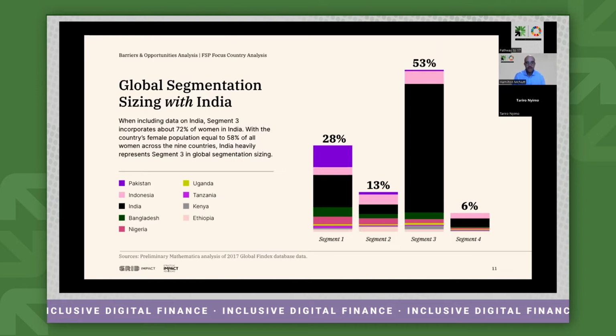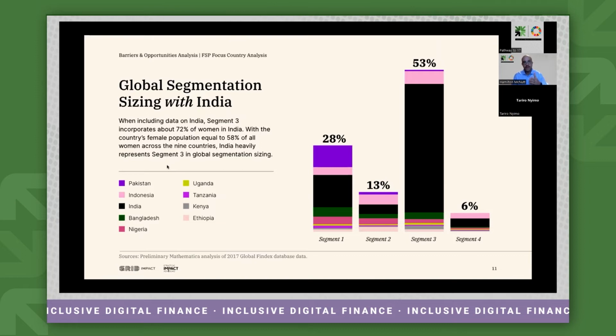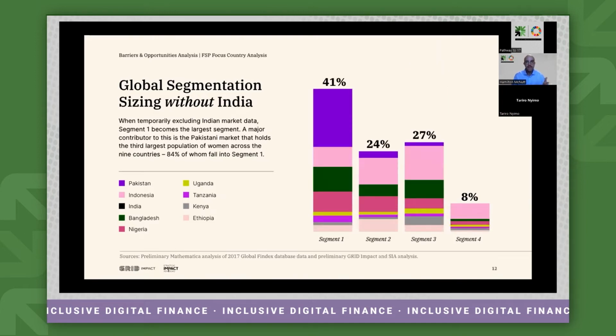We wanted to look at the breakdown. So globally, you see segment 3, with India's influence, is the largest globally with 53%, and segment 1 is the second largest. But we wanted to take India out of the situation, and when you do, there's a significant shift to the left, right?